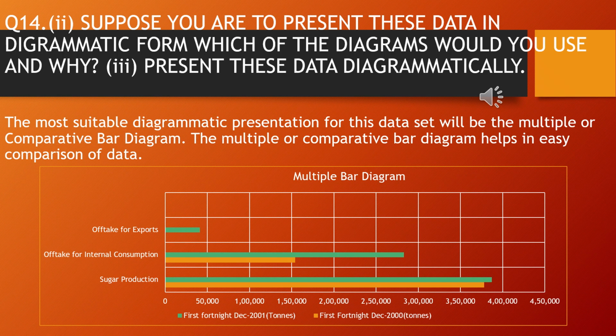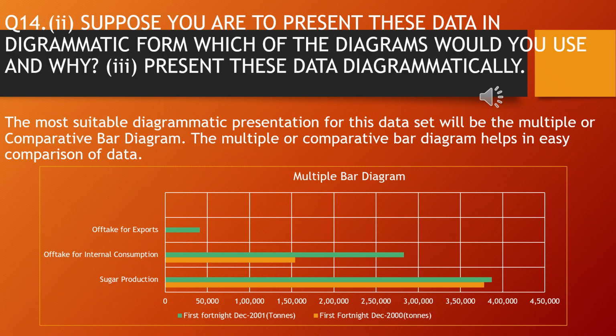Now for question 2 and question 3 of question 14: suppose you are to present this data in diagrammatic form, which diagram would you use and why, and present it diagrammatically. The most suitable diagrammatic presentation for this data set will be the multiple or comparative bar diagram, because it helps in proper comparison of data.